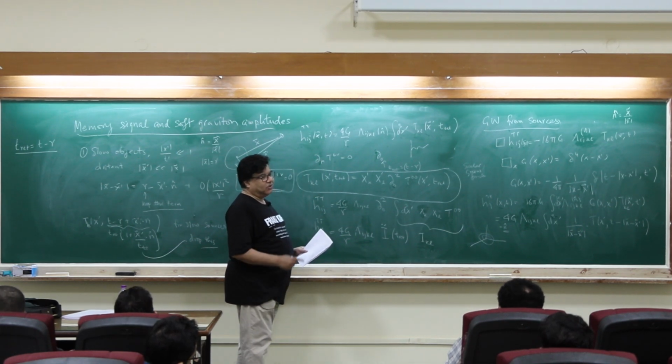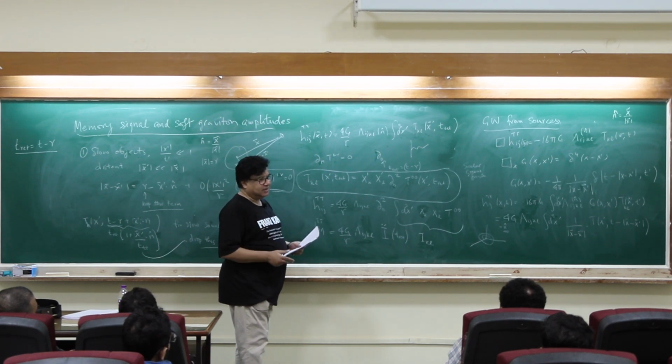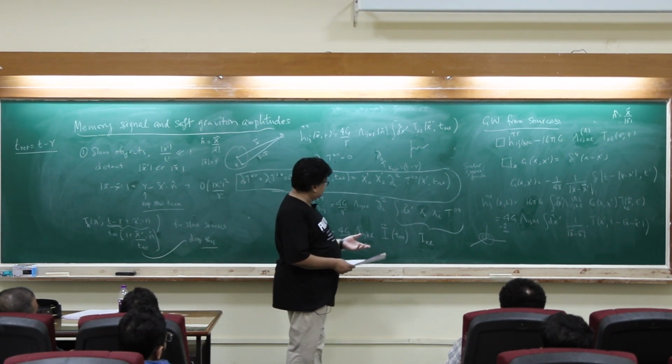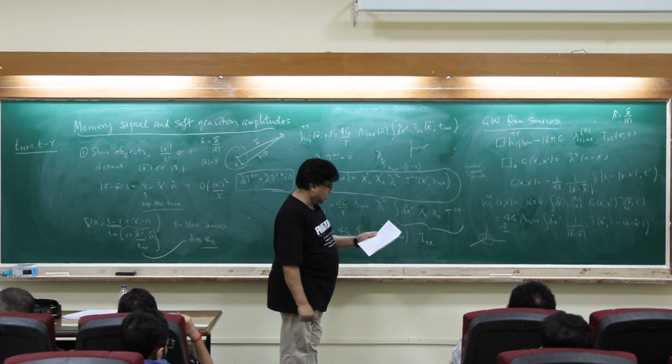Because what you need to know is, for any process, what is the power in the gravitational waves for a particular frequency. So it's better to calculate these things as a function of the frequency.